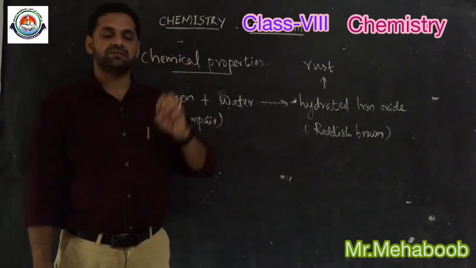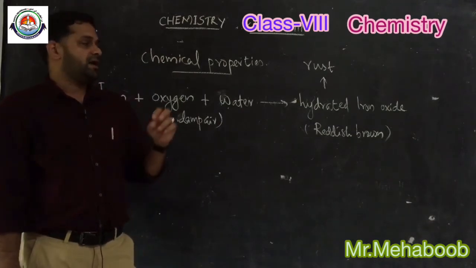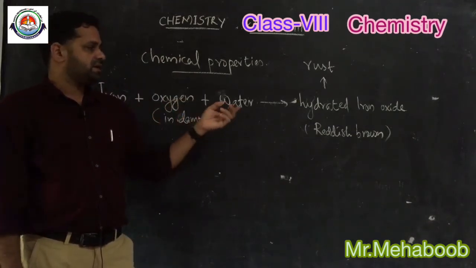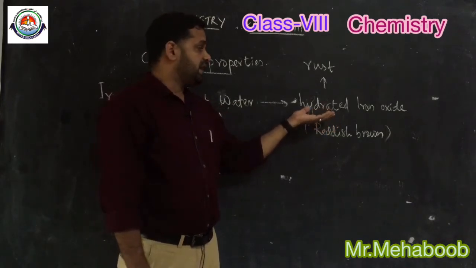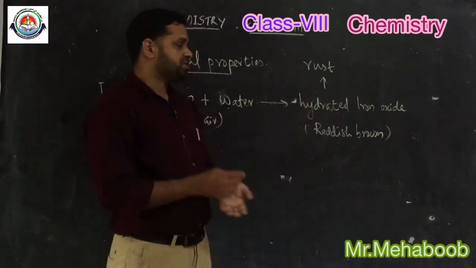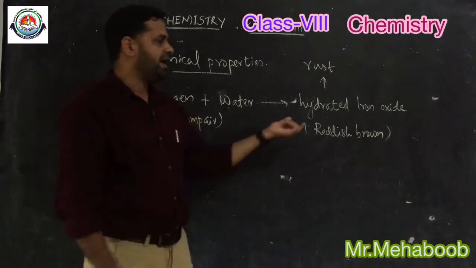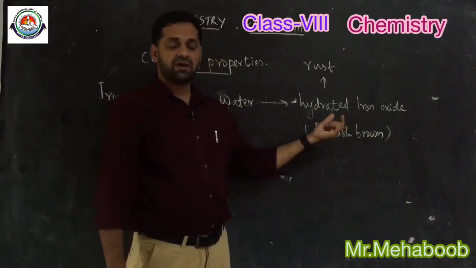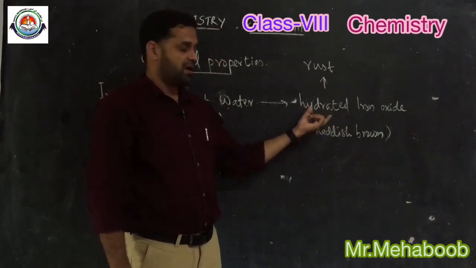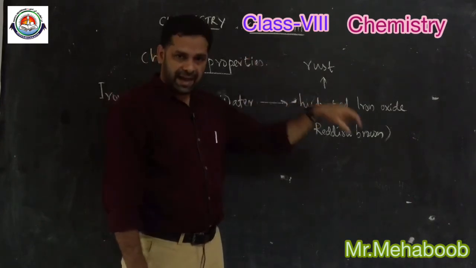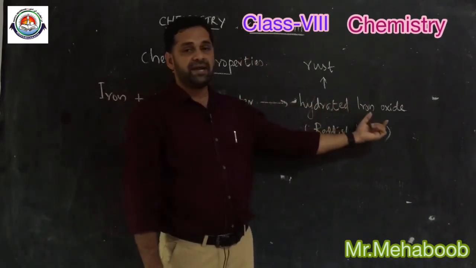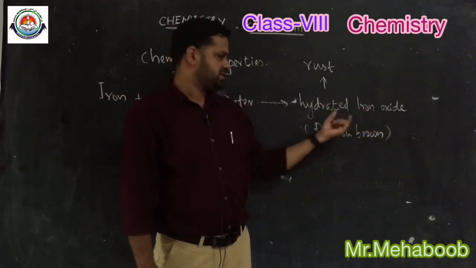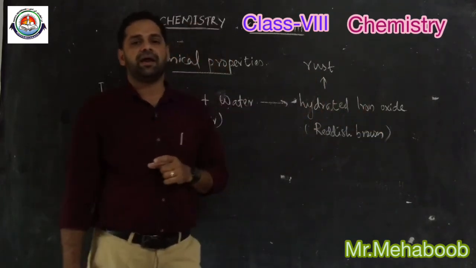So, this also indicates that iron oxide is basic. Here hydrated means they contain water molecules. Hydration means added water molecules, that is, iron oxide contains some amount of water molecule, that is called hydrated iron oxide.